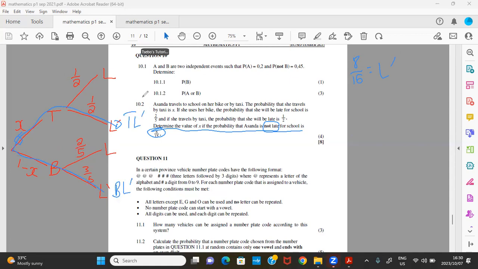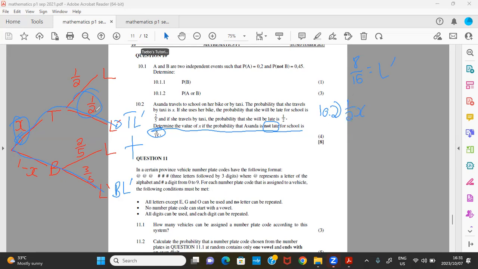As I said, when we go vertically, we add. The probability that she's using a taxi and she's not late is x times a half, which is half x.